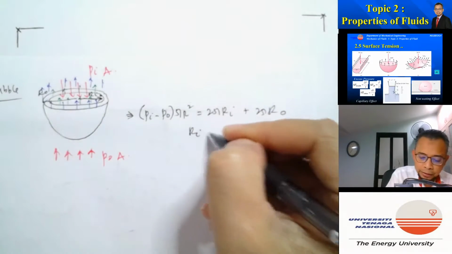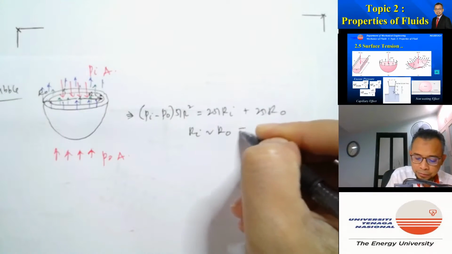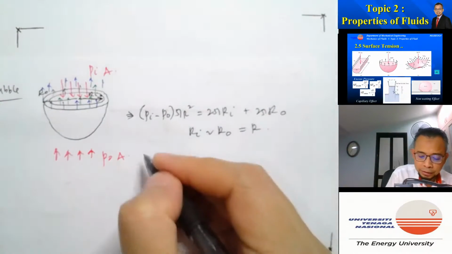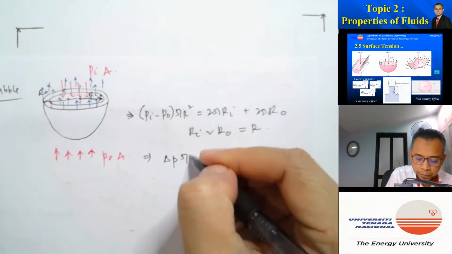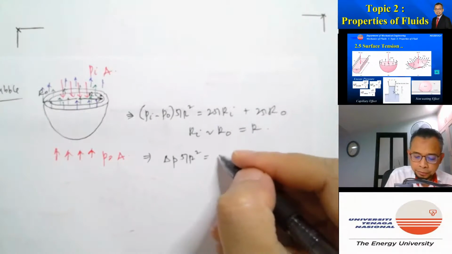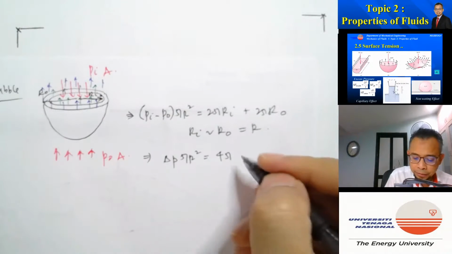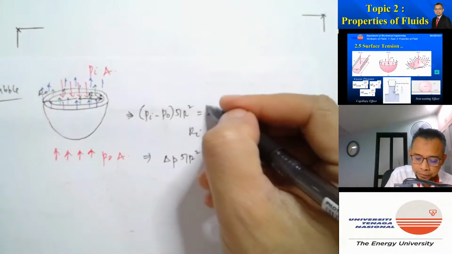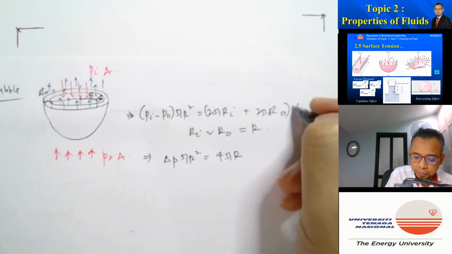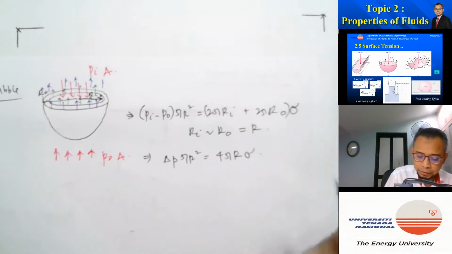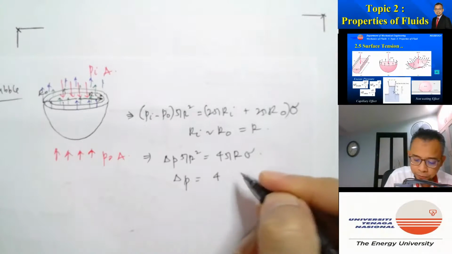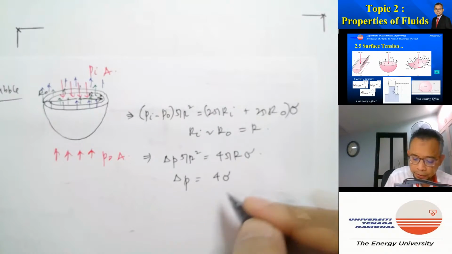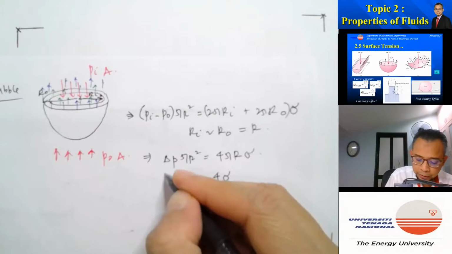But Ri is almost the same as Ro, so let's call that R. So this is the excess pressure times pi r squared, and that's equal to 4 pi r multiplied by sigma. So delta P is equal to 4 sigma over r.